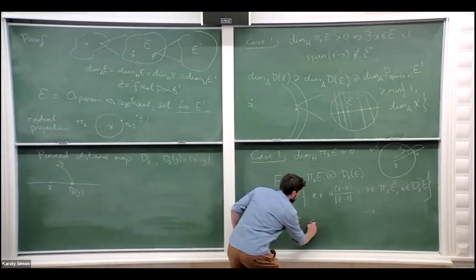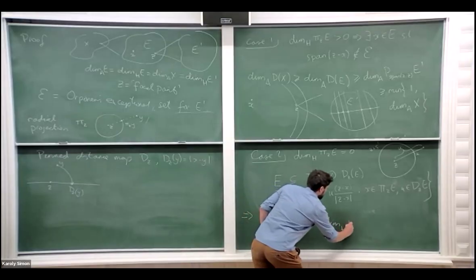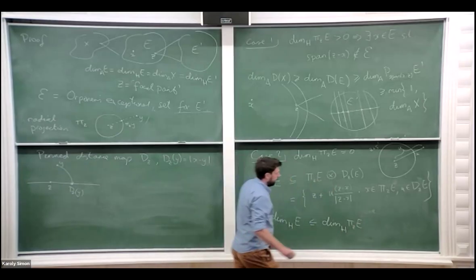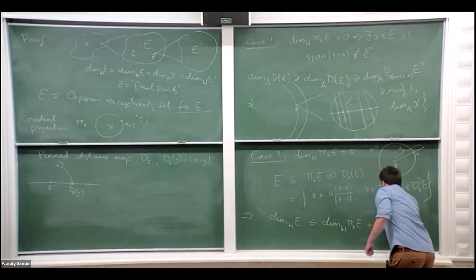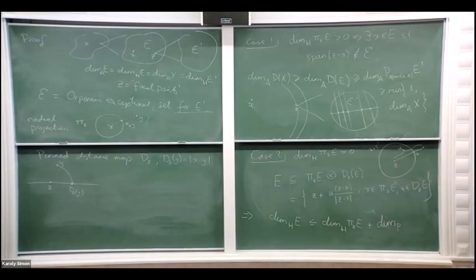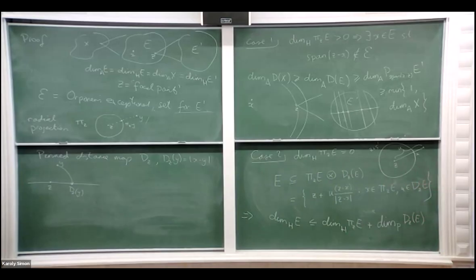So this is bounded above by the Hausdorff dimension of the radial projection with pin Z of E, plus the packing dimension, upper box dimension, whichever is your favorite, of the pinned distance set D_Z(E). Right, that's just the usual product type phenomenon which we give in fractal geometry undergraduate courses.